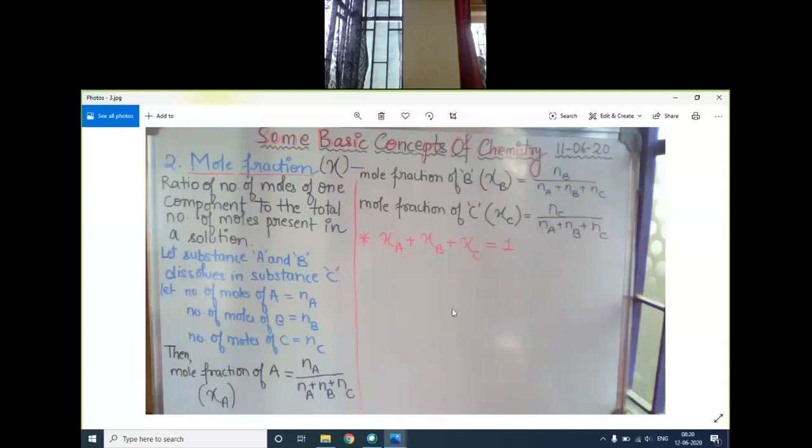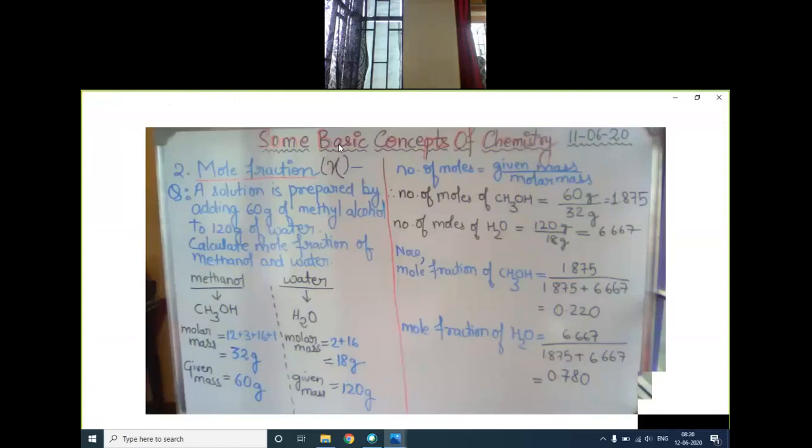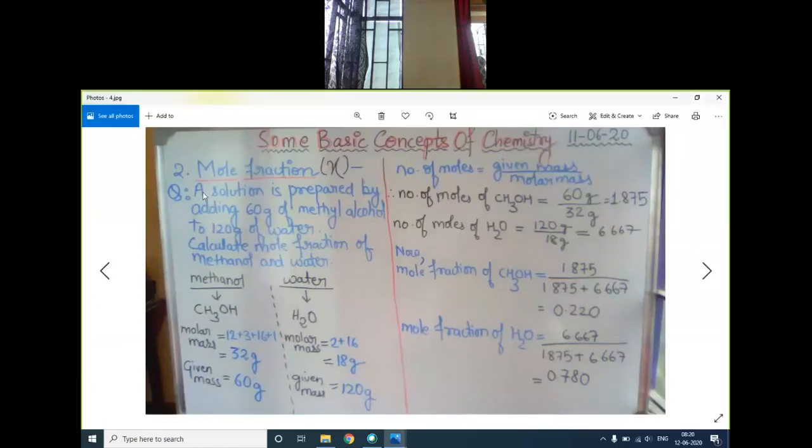So let us solve one example based on mole fraction. This is one question here. A solution is prepared by adding 60 gram of methyl alcohol to 120 gram of water.